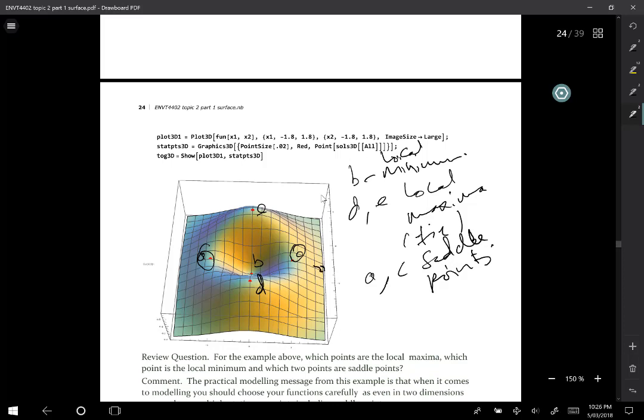So when you look at a saddle point, in this direction it's a bit like a maxima, in that you're going up and then coming down. But in this direction, you're coming down and going back up a ridge.